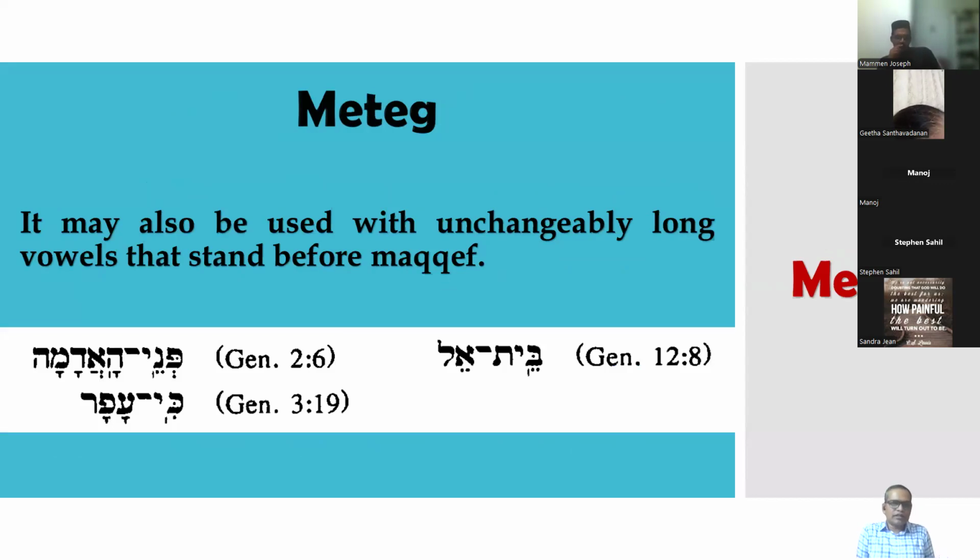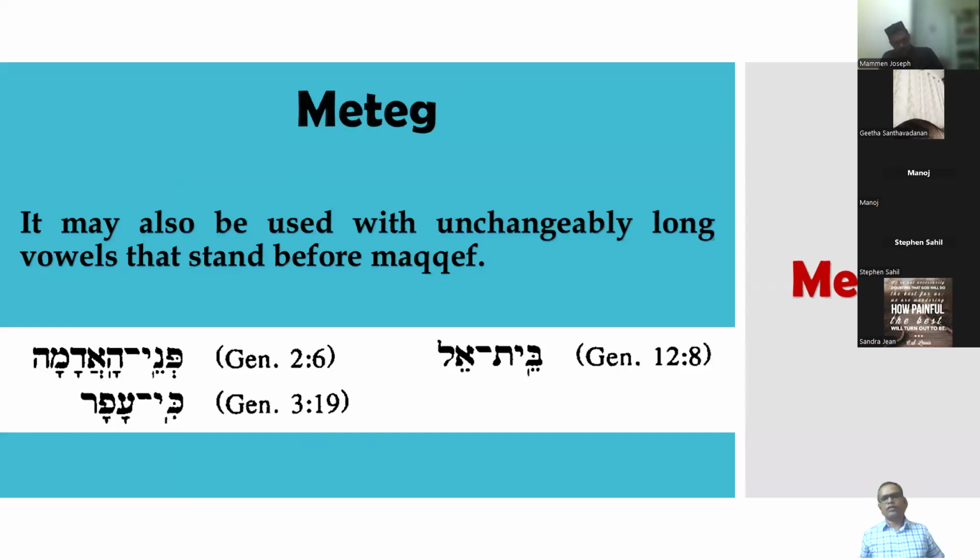So what I said was, makaf is used to join two or three words. In that case, the first word will carry a short vowel. And if that first word is carrying an unchangeably long vowel, then a metek sign will be placed along with it.